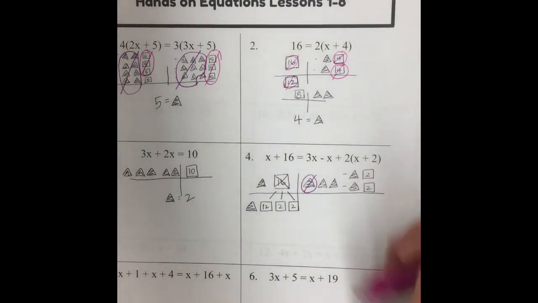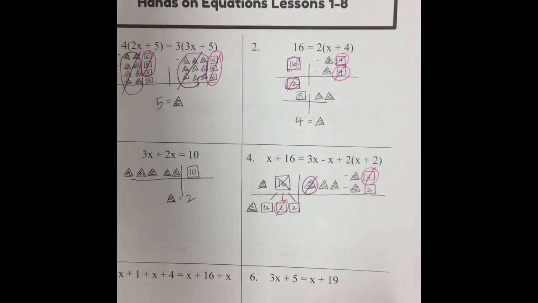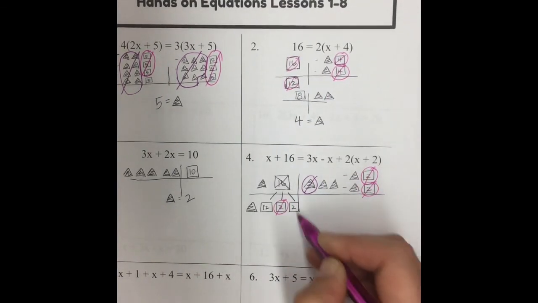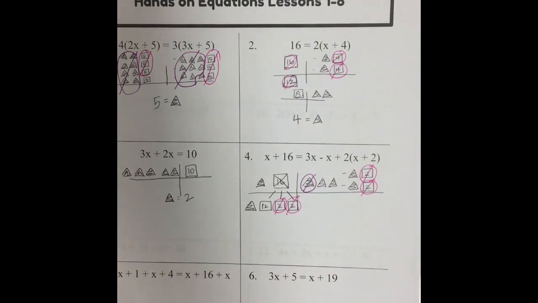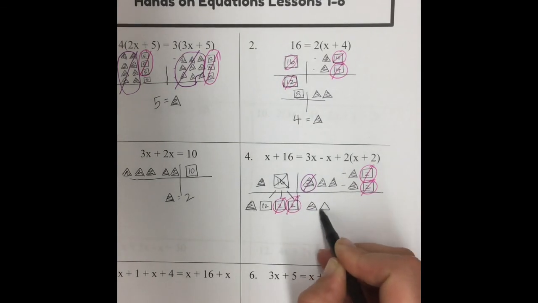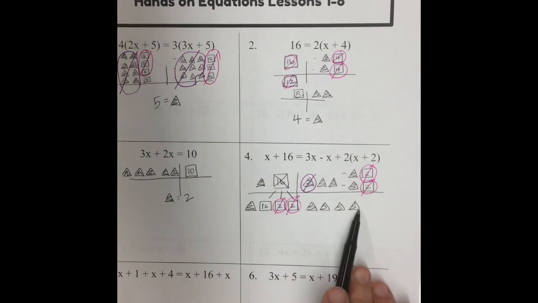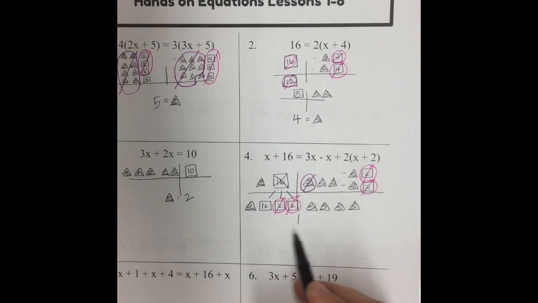So that means I can get rid of a 2 over here, and a 2 over here, a 2 over here, and a 2 over here. I've already brought down my x here, so I've got x plus 12 is equal to 4 x's on the right.